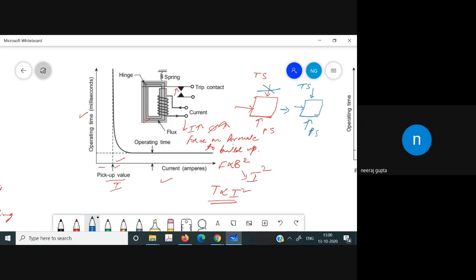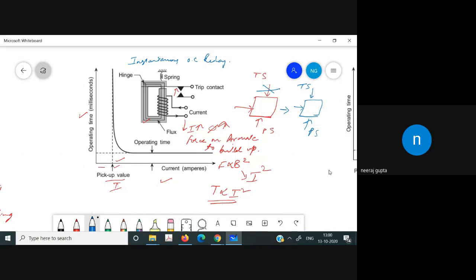So the first type of relay was the instantaneous overcurrent relay. The second one is the definite time overcurrent relay.